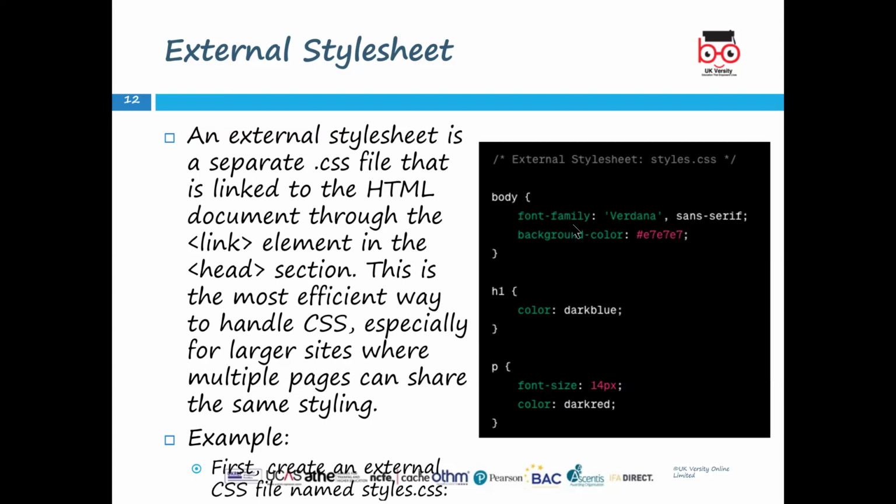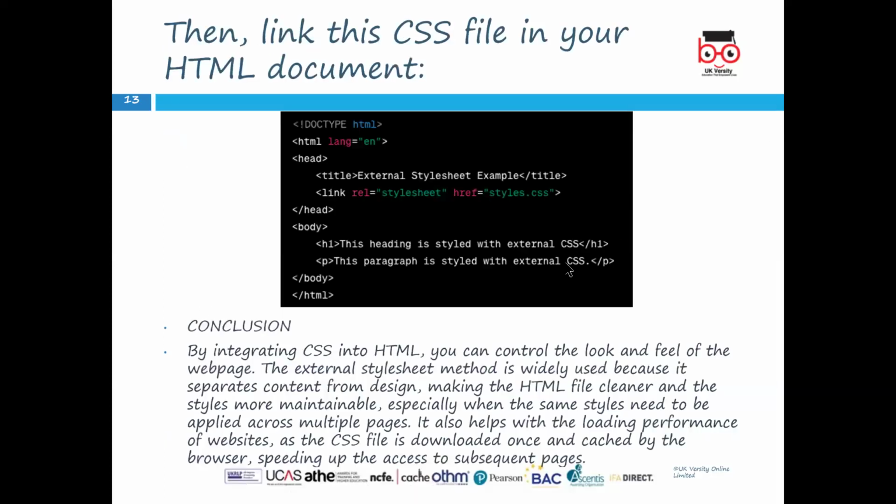For example, if we're going to define our font family and background color, we have to select the body for our opening brackets, and we have to ensure that we close it at the end. So this was pretty much what we need to know about the three types of CSS style.